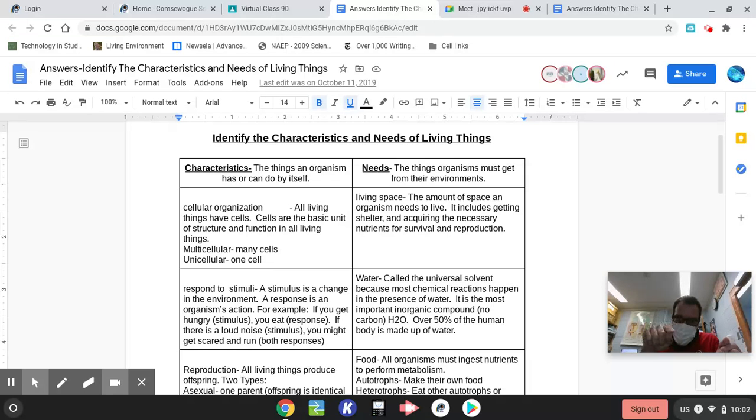And all organisms have that. They have this carrying capacity. Well, that demonstrates the fact that everything needs living space. Everything needs to have enough space to have shelter and the habitat in which they live. And in their habitat, they're going to get the things like food, water, nutrients. They're going to be able to find a mate.